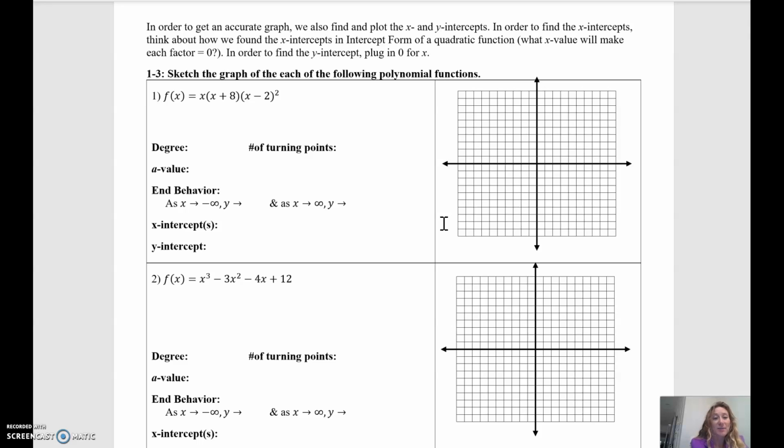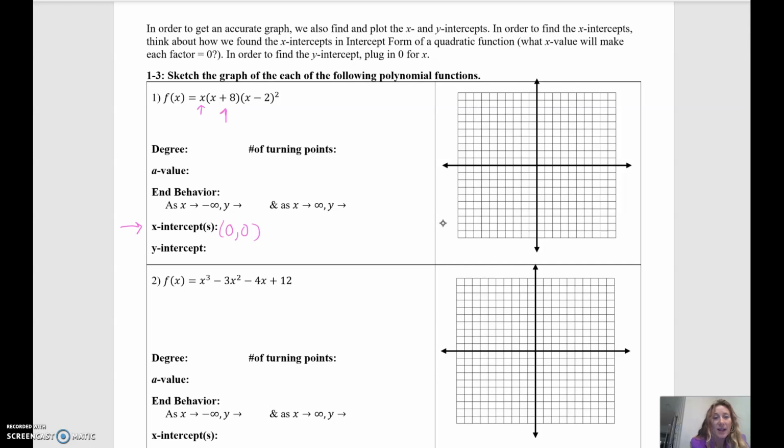So my x-intercepts. Here, remember we use our zero product property. So then I just have x equals 0, that's still 0, 0. And I'm going to just do that work right here. Then I have x plus 8, and these are both going to be a chute because they are at degree 1. But then this one is a degree 2.